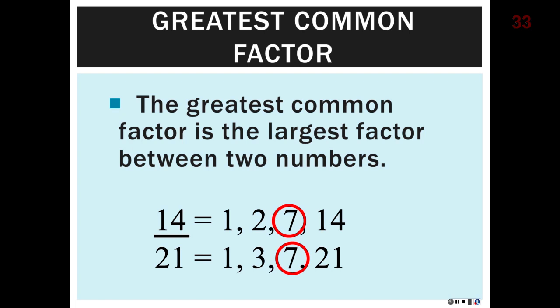James, you're not listening. 21 does not go into 14, so you cannot use 21. You have to use a number that goes into both the top and the bottom. It has to be the same number or they're not equivalent. So we talked about being equivalent because it's the same factor. And the largest one in this list is 7.